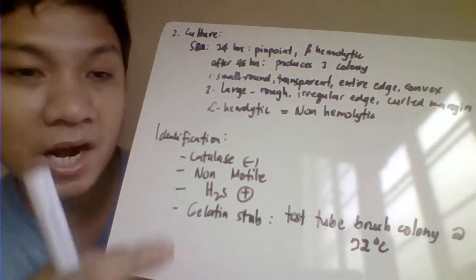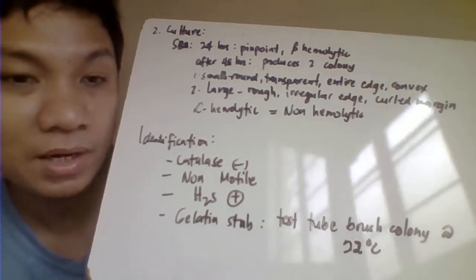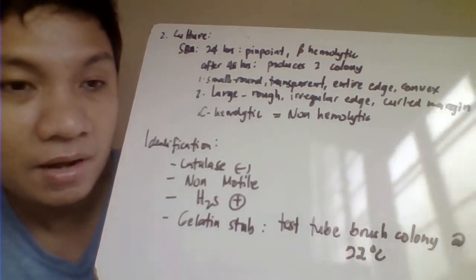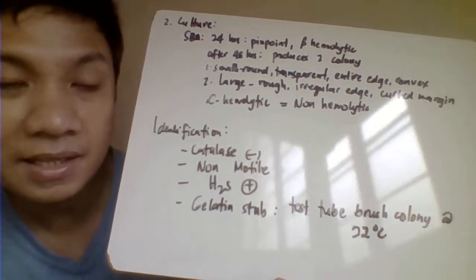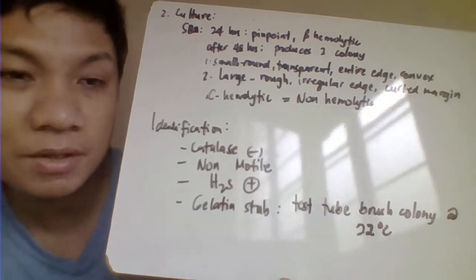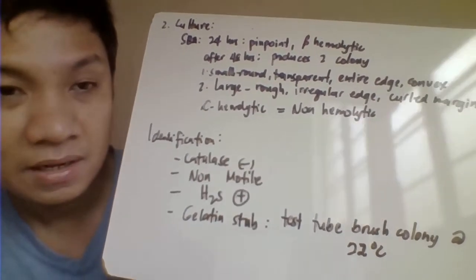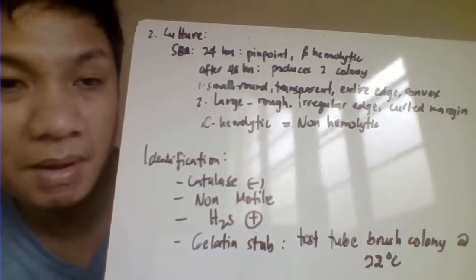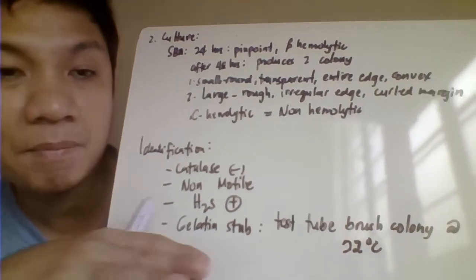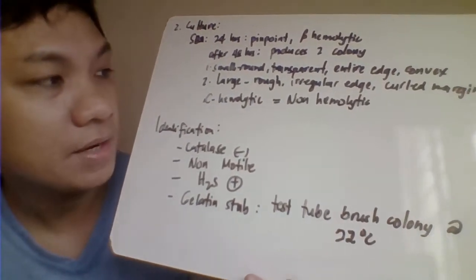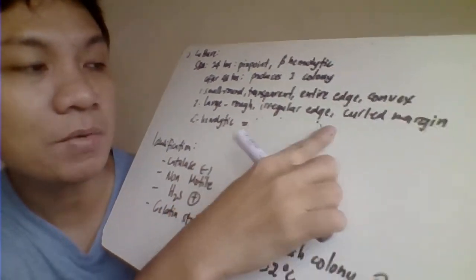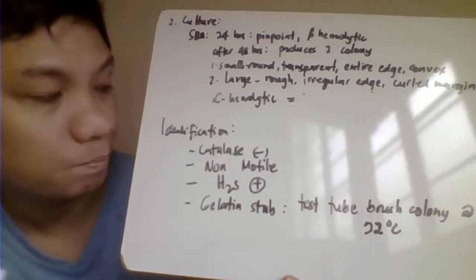The other one is a large colony, but that one appears to be rough, irregular, with curled margin, and it eventually becomes alpha hemolytic. So at 24 hours it is beta hemolytic, but after 48 hours it becomes alpha hemolytic, meaning it is only partial hemolysis.